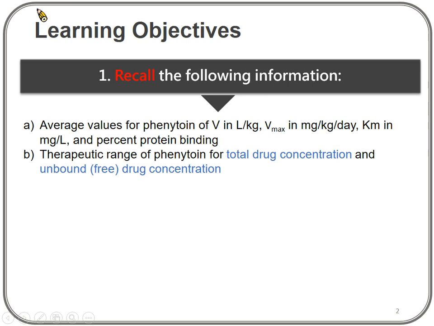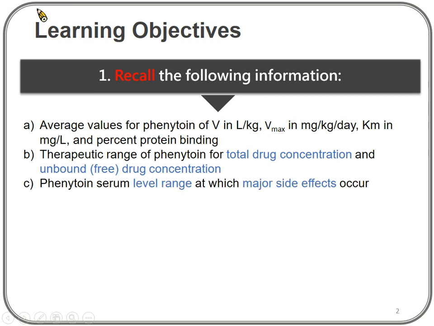The therapeutic range of phenytoin, both as total drug concentration and unbound, so-called free-form, drug concentration. The phenytoin serum level range at which certain major side effects highly occur. The bioavailability of the oral form of phenytoin.